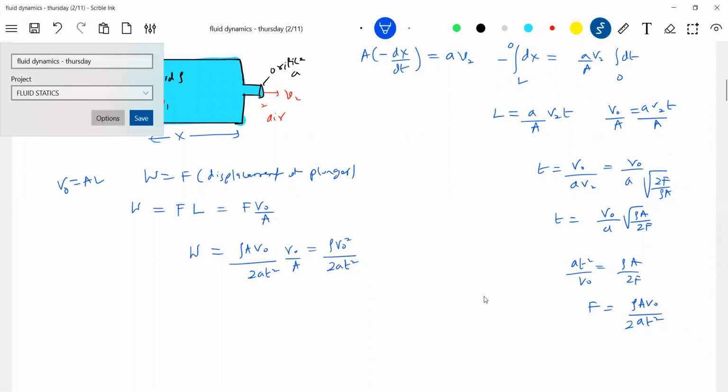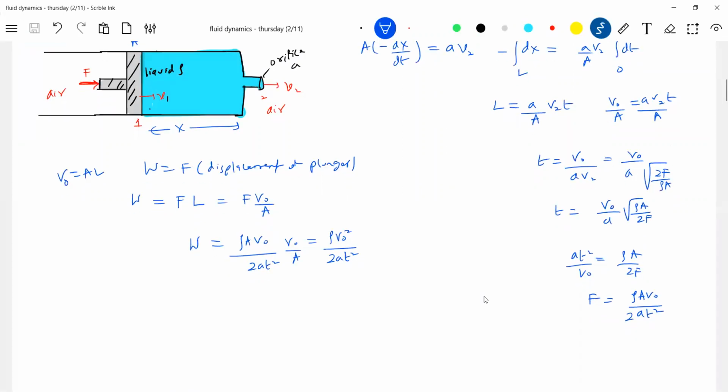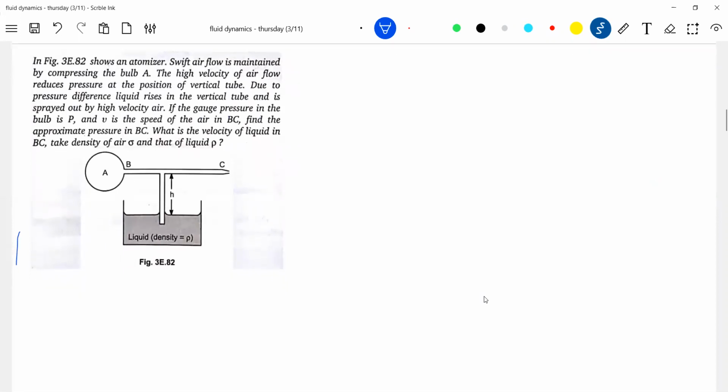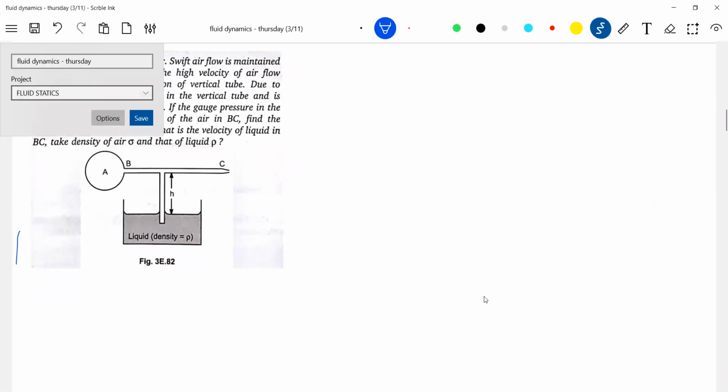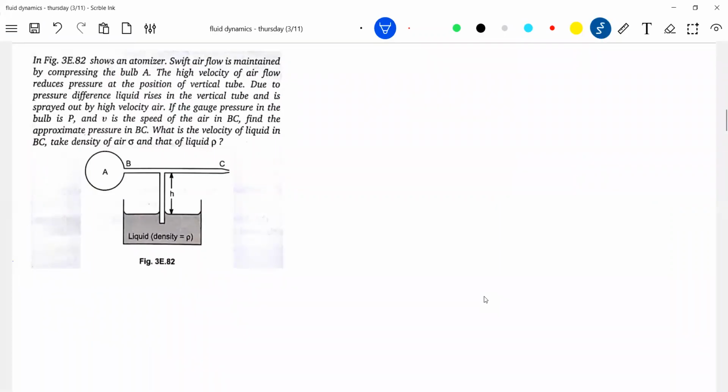Okay, now we'll go for the next condition. This is called like an atomizer. Read the question. You have to understand first the basic idea of the question.